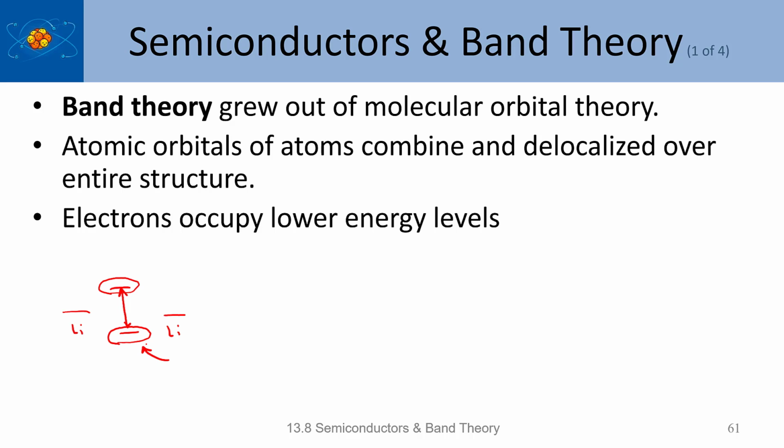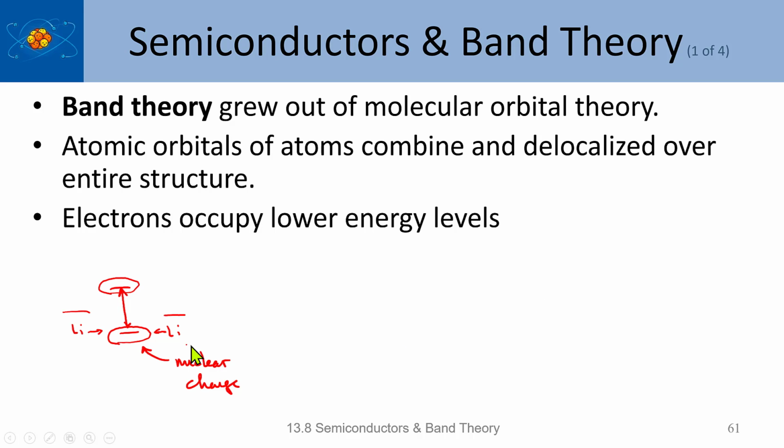We've talked about this before in some different contexts, but it has to do with the nuclear charge. The more positive charge that's exerted by the lithium atoms, or the atoms in general, because it doesn't have to be just lithium, the lower in energy those orbitals will drop.